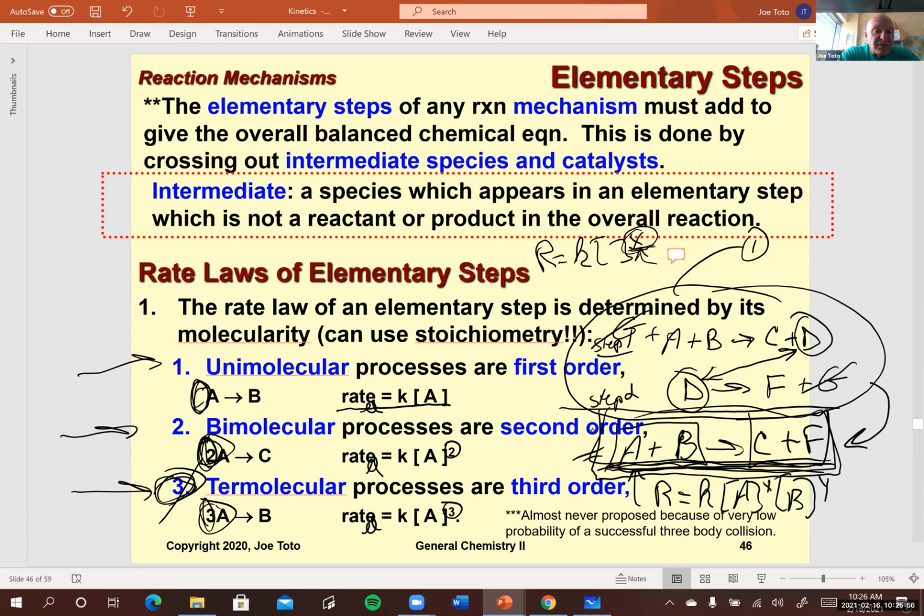In other words, two A's collide to form a C. So there's got to be that bond broken, and that's all that can happen. And then new bonds form C. So because these are elementary steps, we can use the stoichiometric coefficients to say what that exponent, or that power dependency, is. All right, any questions on that?